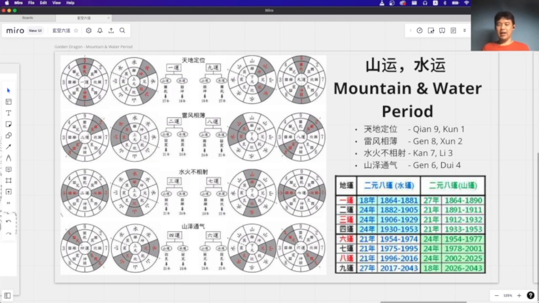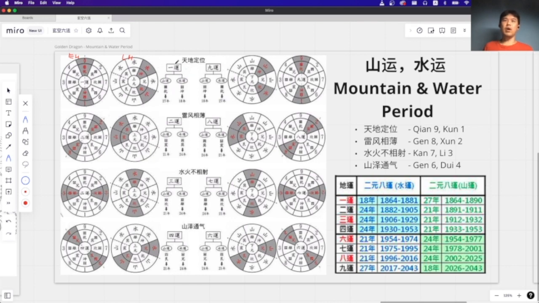In the earlier episode we have already talked about 2-cycle 8-period. 2-cycle 8-period has the Early Heaven as the basis and Later Heaven as the application, the direction and also the number that we use. So if you look at this diagram that I prepared, this is Early Heaven. This is the Later Heaven Bagua.